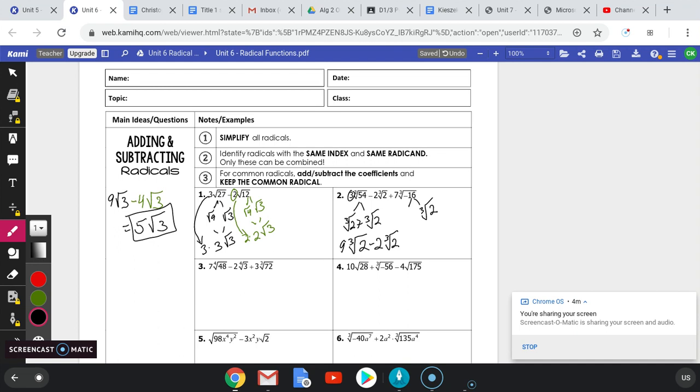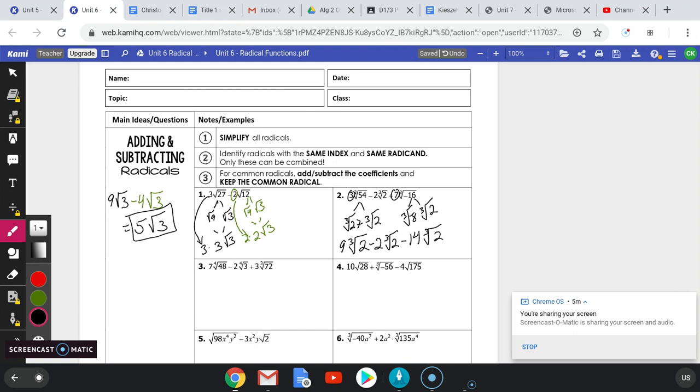It'd be negative 8 in this case. So the cube root of negative 8 is negative 2, which when multiplied with the 7 gives me negative 14. Because the cube root of negative 8 is negative 2 times 7, negative 14 cube root of 2.